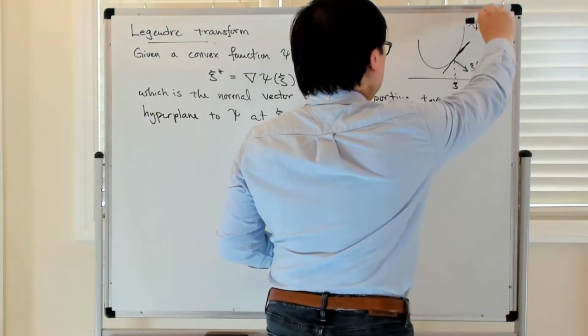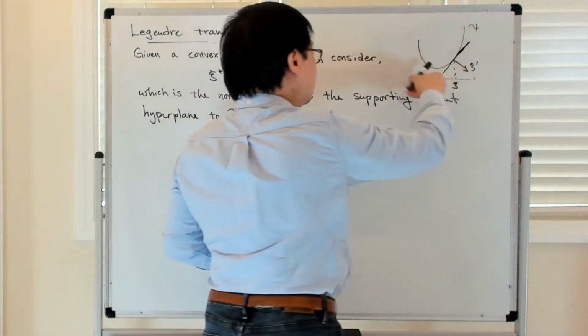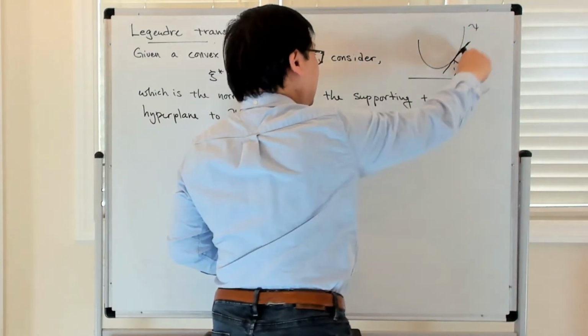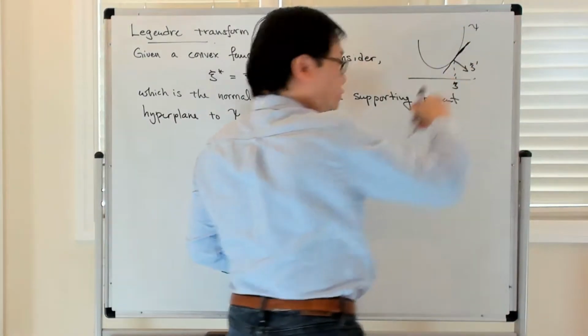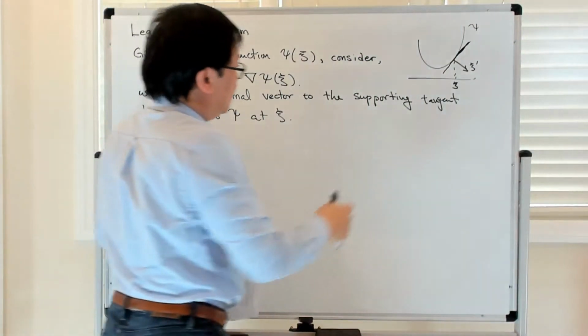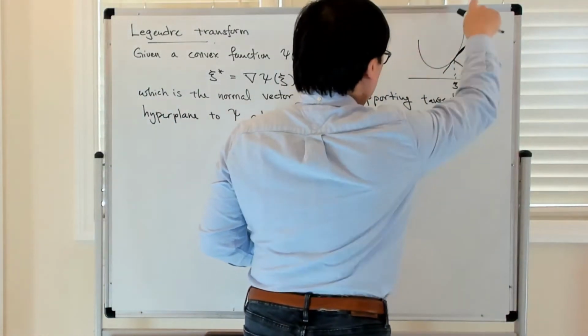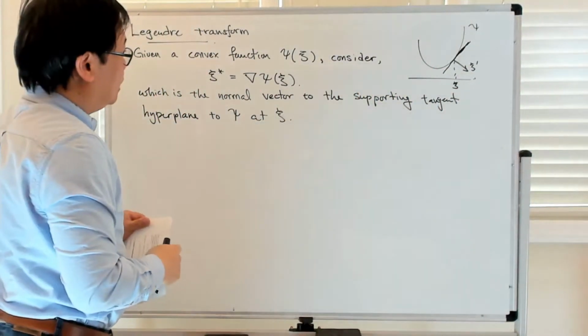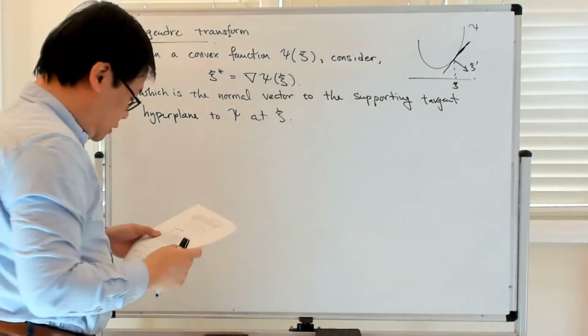If you imagine looking at the normal to this convex function at different points, you'll see that it sweeps out different values. So there are basically no two points where the normal is the same.